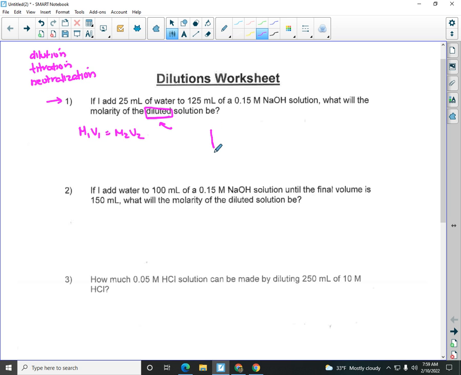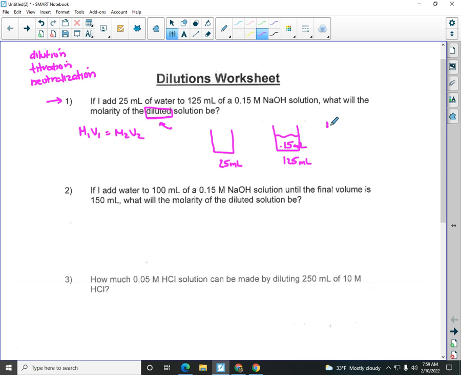Now, you can draw a picture if you want. You got 25 milliliters of water added to 125 milliliters of a 0.15 molar solution. So this is just 25 milliliters of water. And then I have 125 milliliters, and it's got 0.15 molar in here.